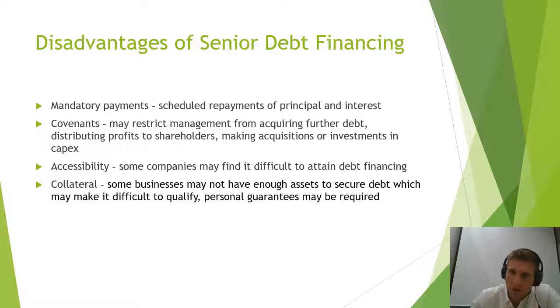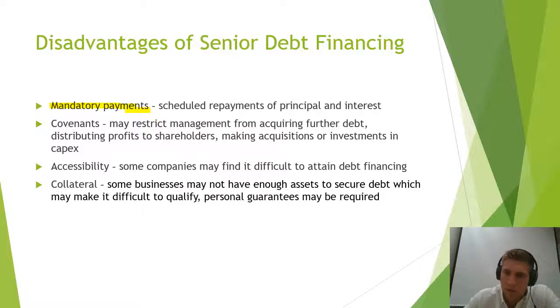So in the previous slide, we went over some of the advantages of using senior debt. But what are the disadvantages? So let's begin with the first bullet point, mandatory payments. So senior debt has scheduled repayments of principal and interest.